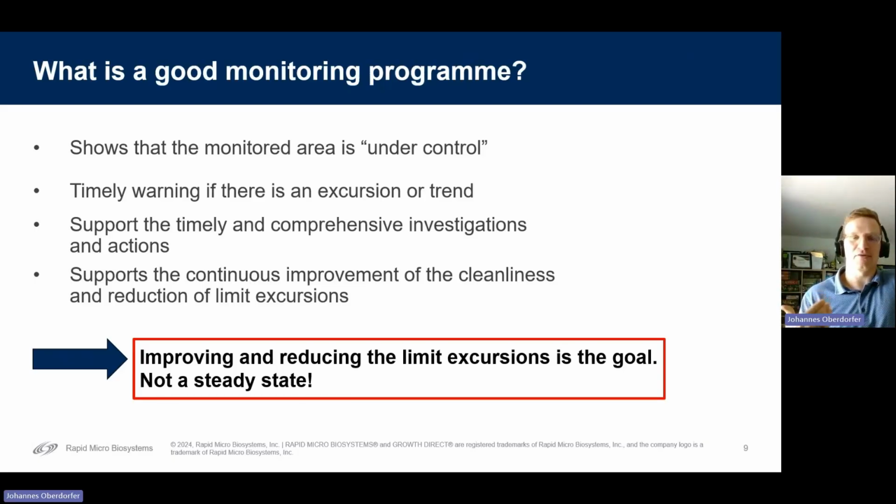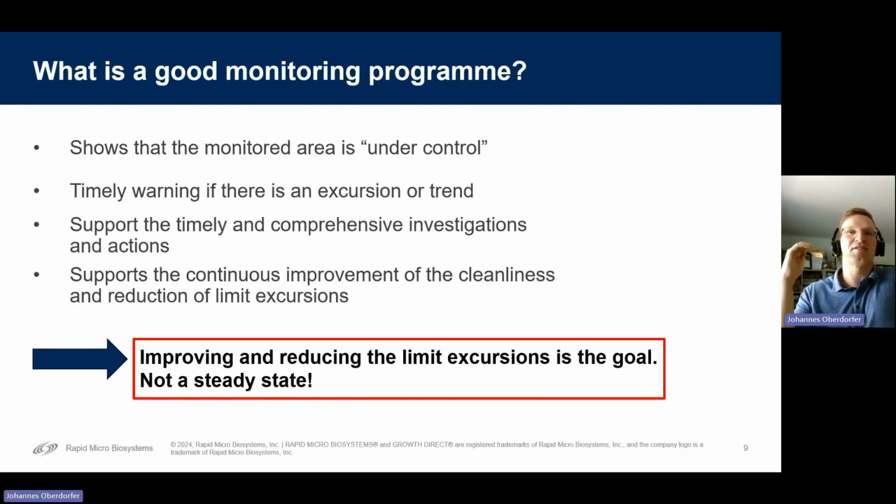And this is also what is expected by the regulators and by Annex 1 from the manufacturers. There's no expectation that we maintain a steady state, and of course the limits that they give should not be exceeded. That's clear.